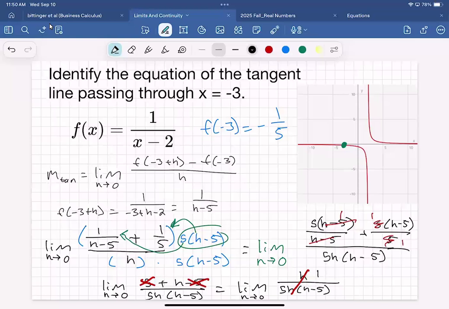So this is where we could say, hey, I know that this limit now can be evaluated by direct substitution. So we could say 1/5 times 0 minus 5, which is going to be 1/-25.